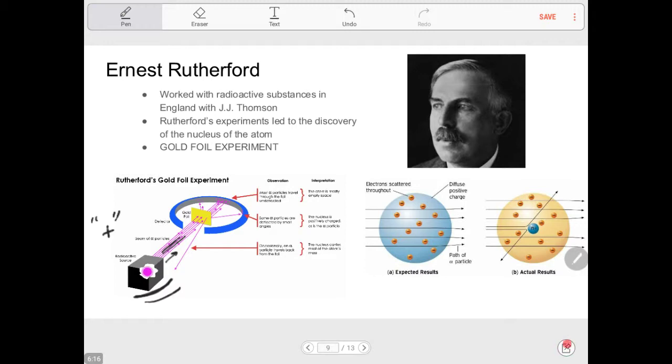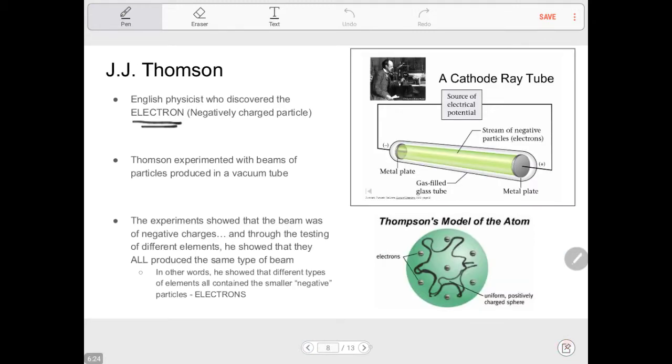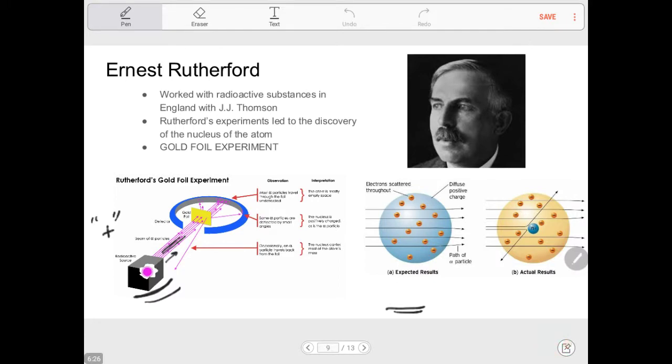Fine. Now, if you look over here, this is what we have. Whose model is that? That should be J.J. Thomson's model. So here's kind of the theory. You take these positively charged alpha particles and shoot them at gold atoms. And if you look at it, what's happening?